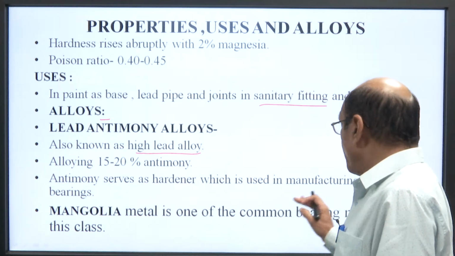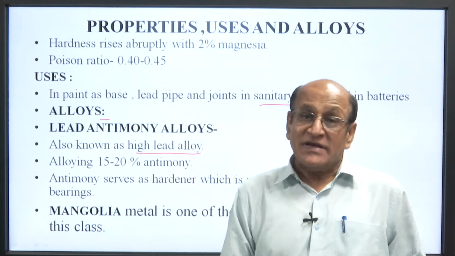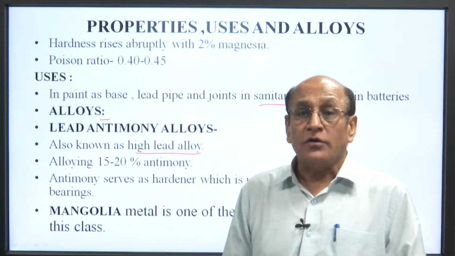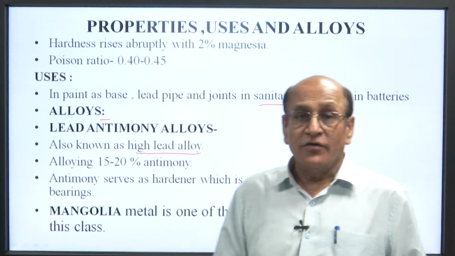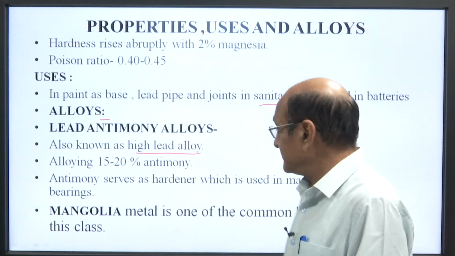Magnolia metal is one of the common bearing metals of this class. So, antimony plays a key role in strengthening the lead for the bearing industries.